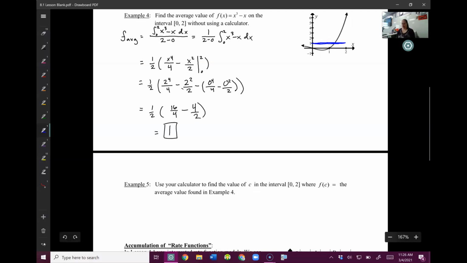Okay, last problem. We want to now use our calculator to find the value of c where f of c equals this function value we found. So that's basically a fancy way of saying f of c equals the 1 we've got. So let's take our equation up here, f of x, plug in c, so c cubed minus c equals 1.